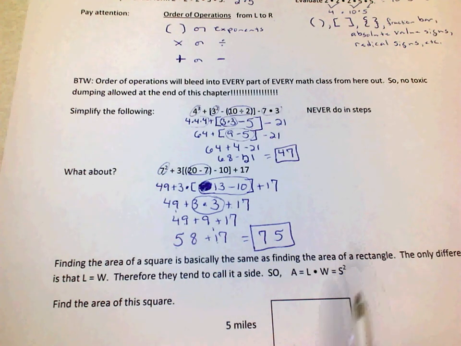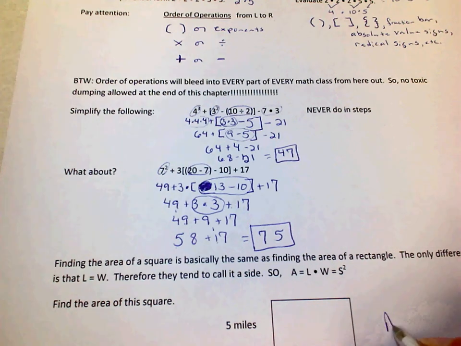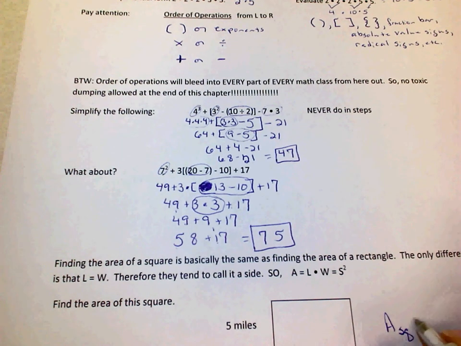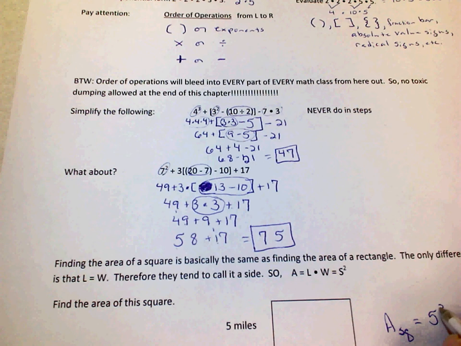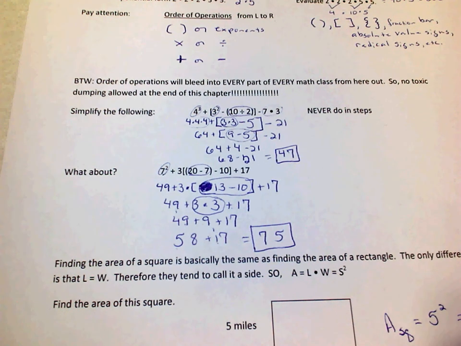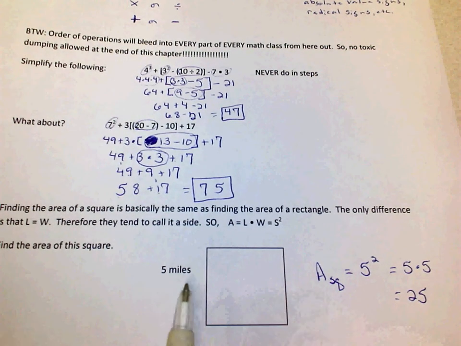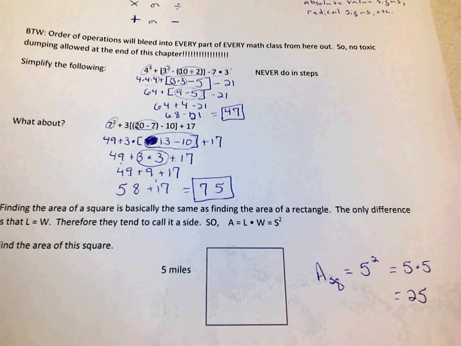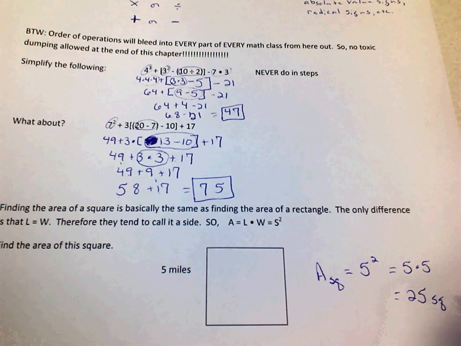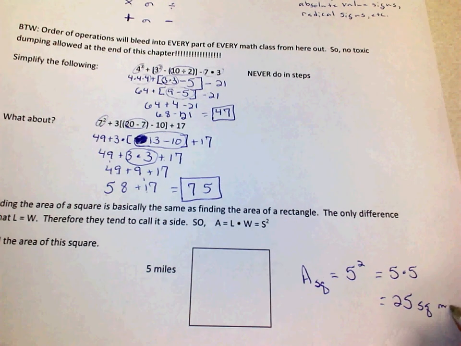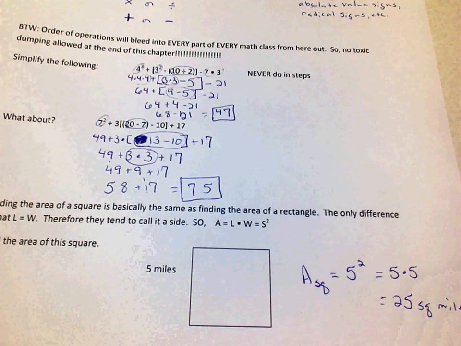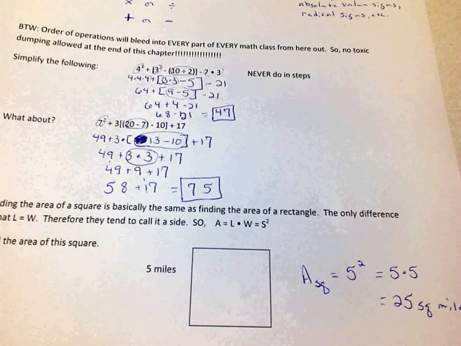So the area of this square is 5 squared, which is the same thing as 5 times 5, which is 25. And you remember the units? A mile times a mile is a square mile. And that is the end of chapter 1.7.